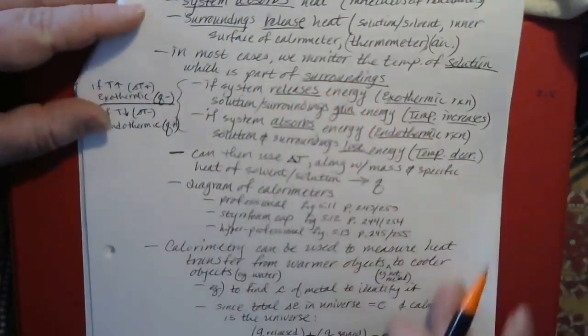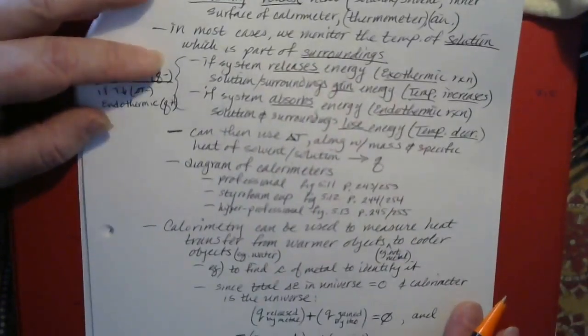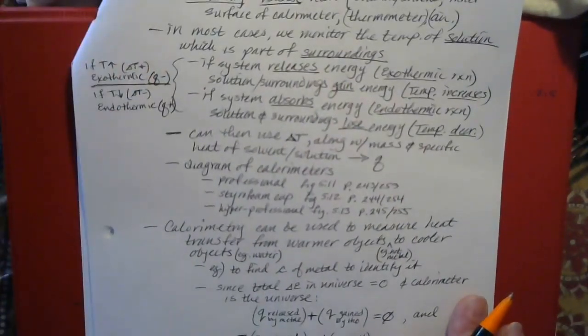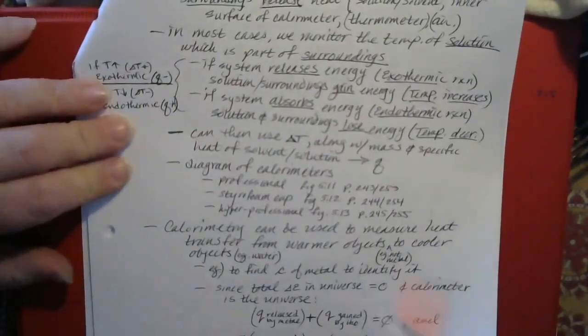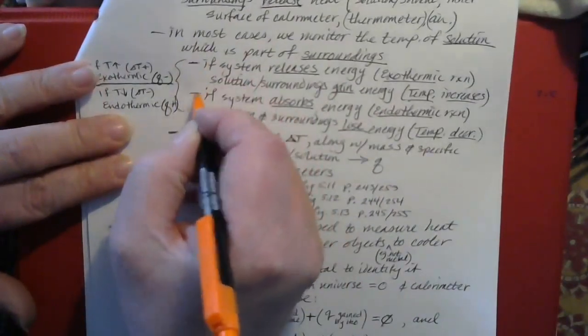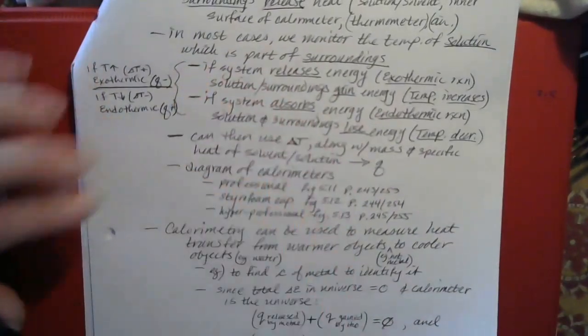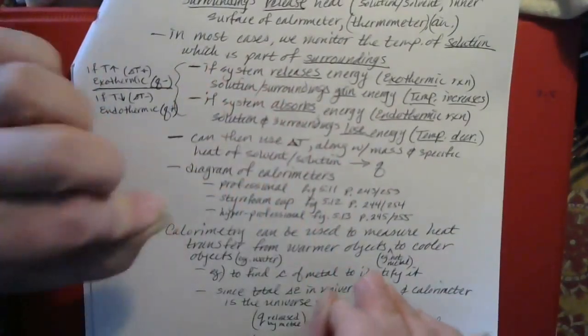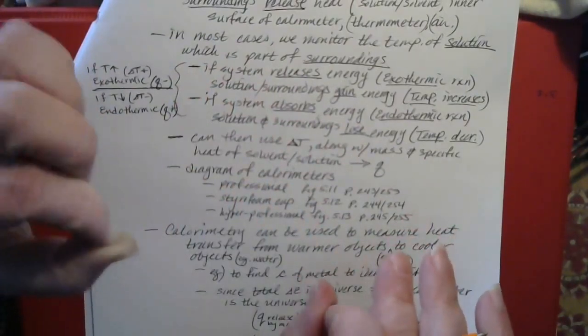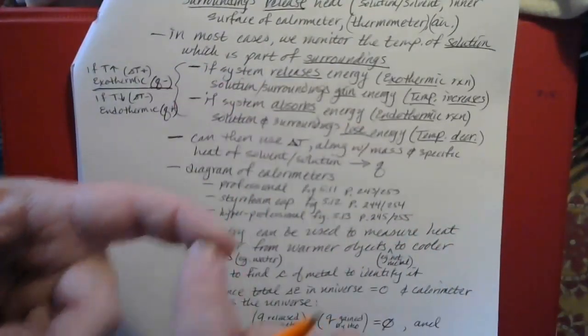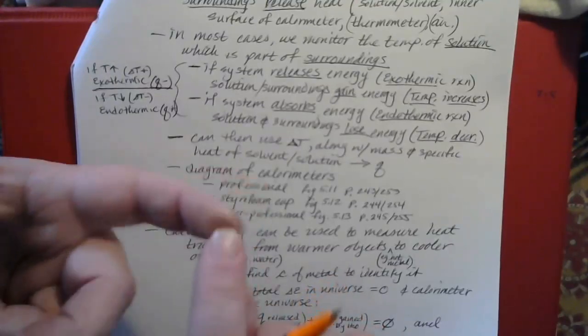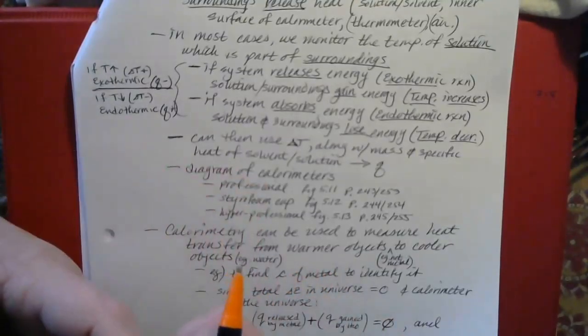In most cases, we follow the progress of the reaction by monitoring the temperature of the solution or the solvent, which is part of the surroundings. So this creates a bit of a contradiction here, because the convention is that we always follow the reaction from the point of view of the system, from the reactant molecules, in other words.